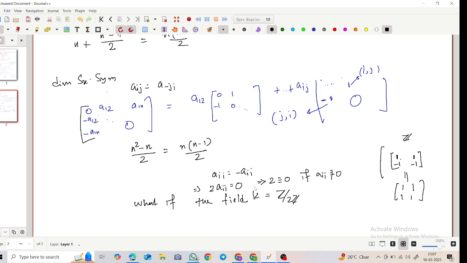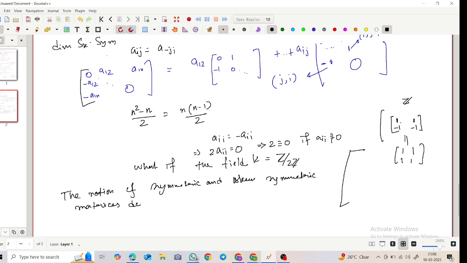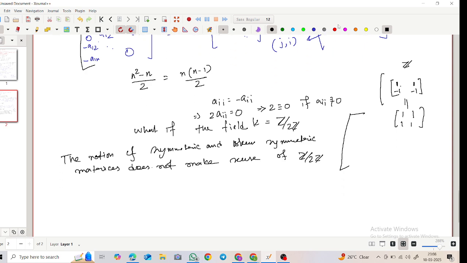But what I am trying to say is that the notion of symmetric and skew symmetric matrices does not make sense over Z mod 2Z. Why? Because you see, Aij is 1 or 0.